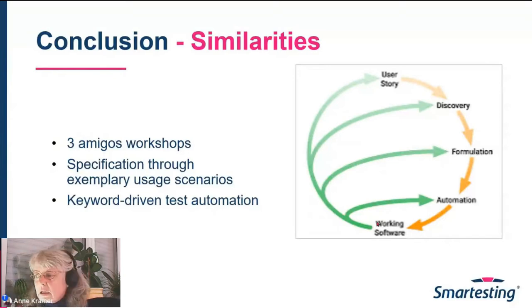Correct. Suppose a login screen tests 1,000 user credentials. If you test 1,000 user credentials, I would say you are not on the E2E or on the system testing level, because you have the user story, you have the login, and then it's rather unit testing or component testing, I would say.